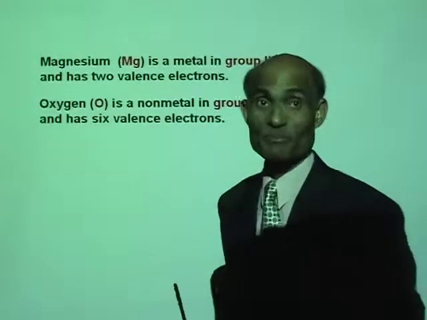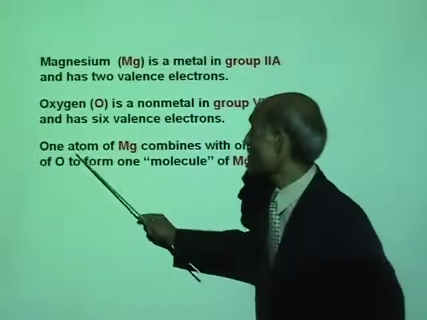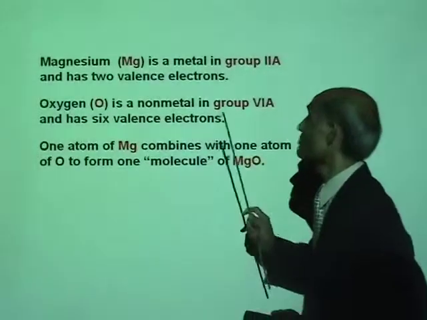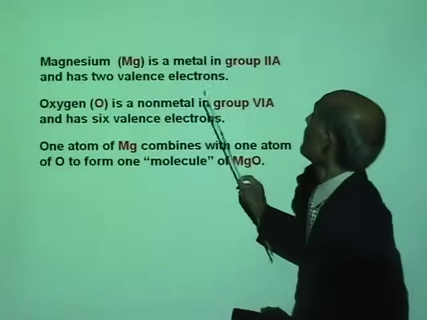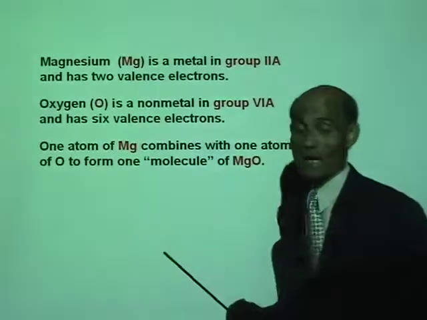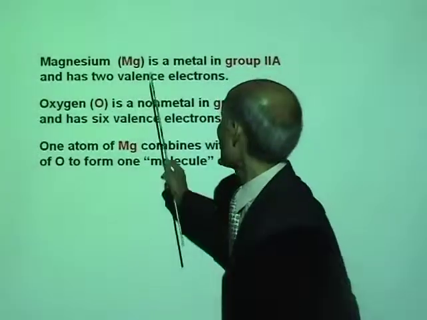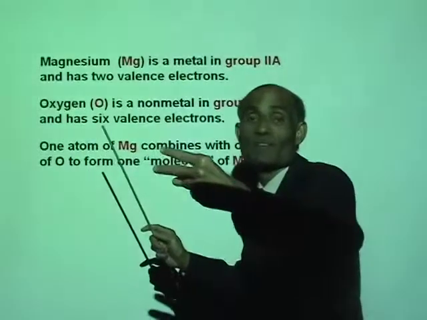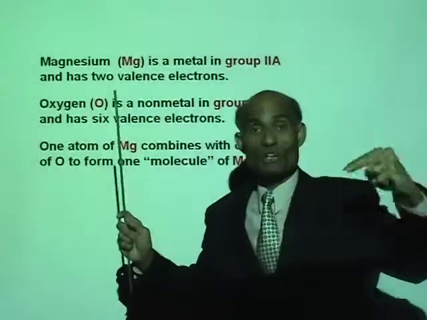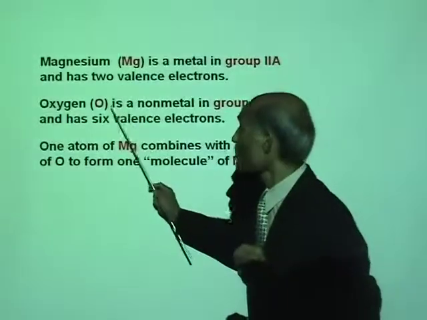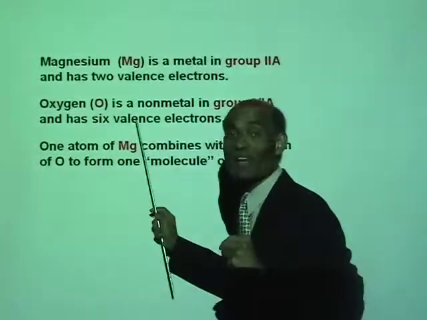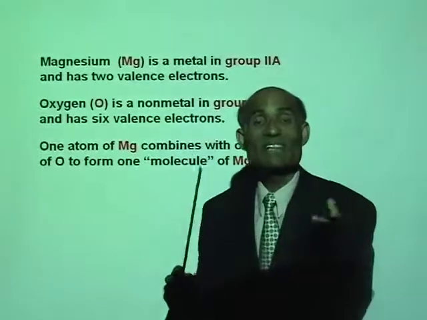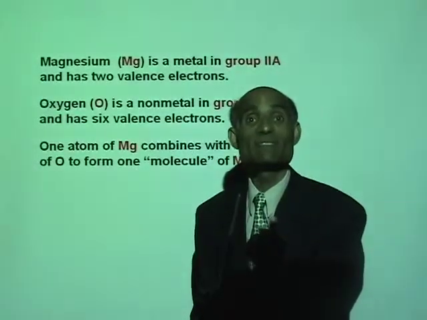Isn't it simple? One atom of magnesium combines with one atom of oxygen. Why? Because magnesium has 2 electrons to give. It has 2 electrons in the valence shell. And oxygen, which has 6 valence electrons, needs 2 more to complete its outer shell to make it 8.